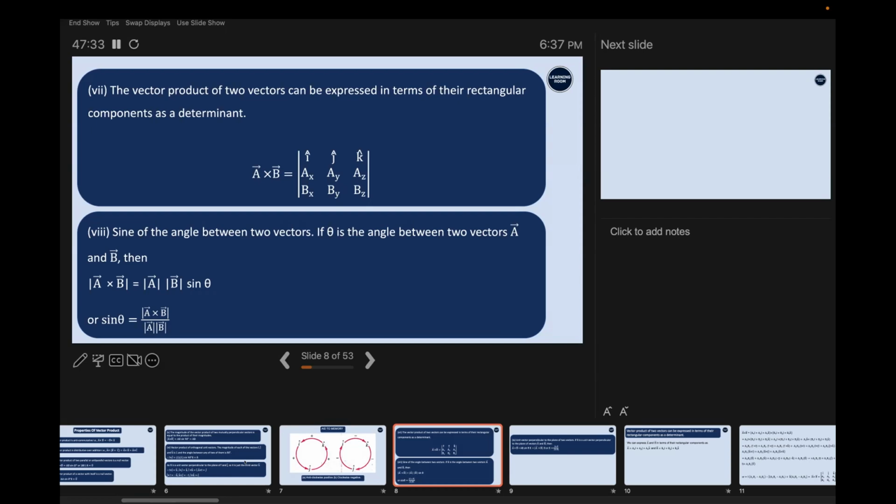Our objective is to find sine theta. If you rearrange this equation, sine theta is equal to magnitude of A bar cross B bar divided by magnitude of A into magnitude of B. And remember, wherever you see magnitude, they are just numbers. This is very, very important.